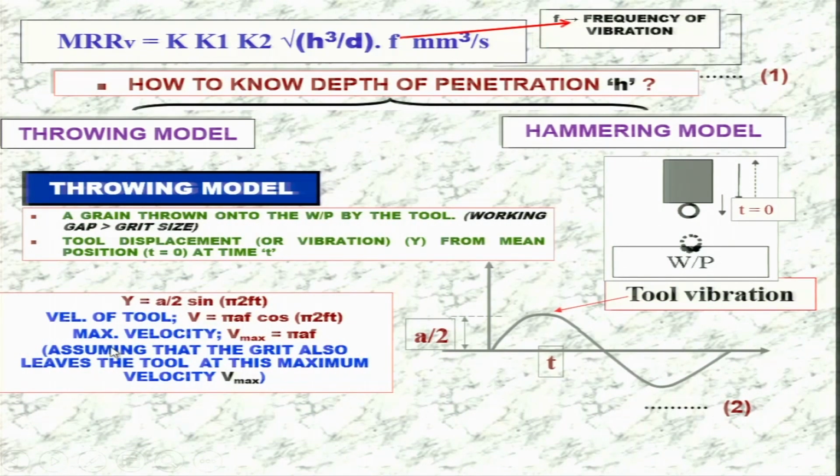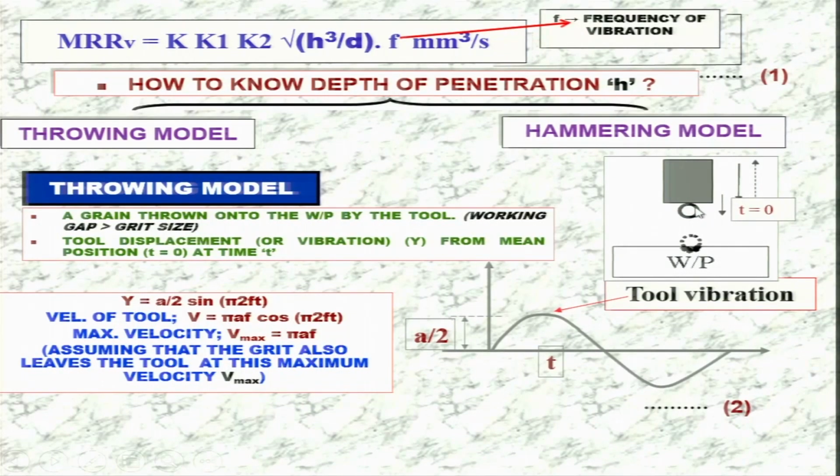So it becomes Y is equal to A by 2 sine 2 pi f t. Now the velocity of the tool v, dy by dt, will give you pi a f cos 2 pi f t, because the 2 that comes out is cancelled by the 1 by 2. So the maximum velocity will be pi a f, assuming that the grit also leaves the tool at this maximum velocity, because here you can see the grit is leaving the tool when it is hitting the abrasive particle.